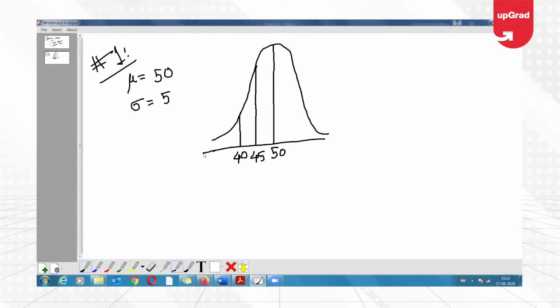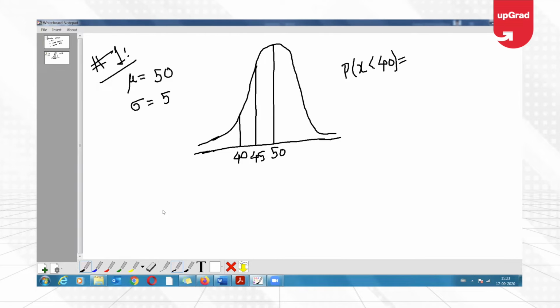So what we want to essentially find is the probability of the batsman scoring less than 40. So friends, one thing which I want to tell you is statistics is a subject which mixes numbers with intuitions. So you should not look at just dry numbers. You should always try to visualize the problem and apply a lot of intuition.